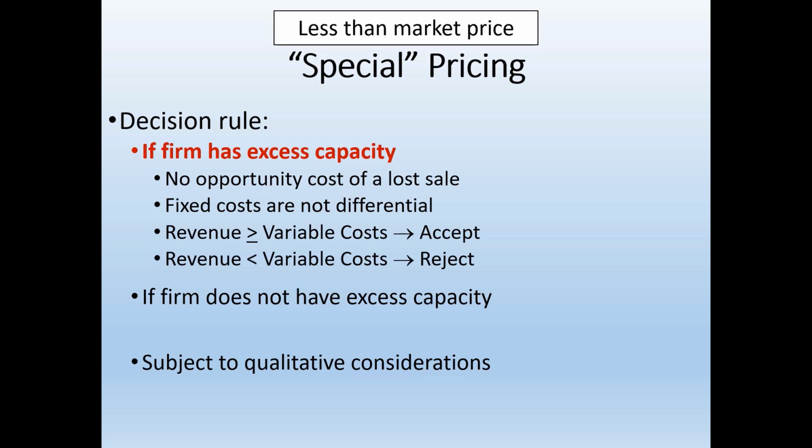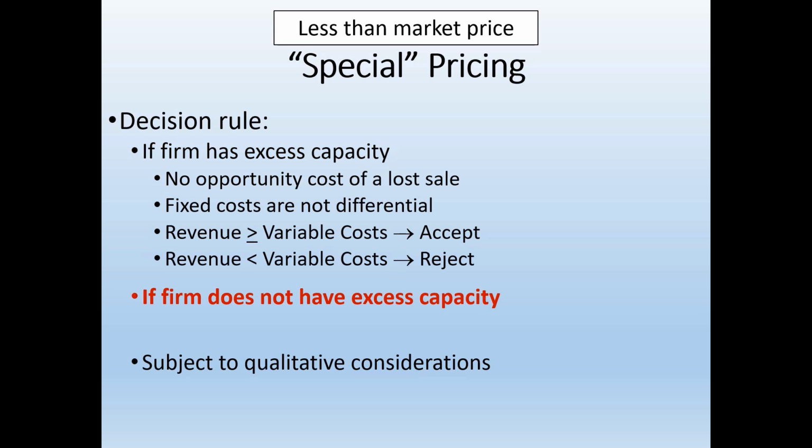But if the revenues are less than the variable costs, then the firm might want to reject the order at the special price because the price that's offered doesn't even cover the variable costs to make the units. On the other hand, if the firm does not have excess capacity, if its entire productive capacity is already being used to fill regular orders at the regular price, then there's an opportunity cost.